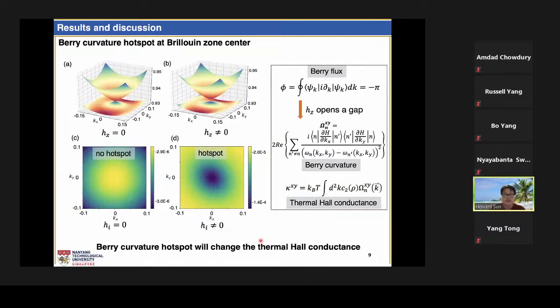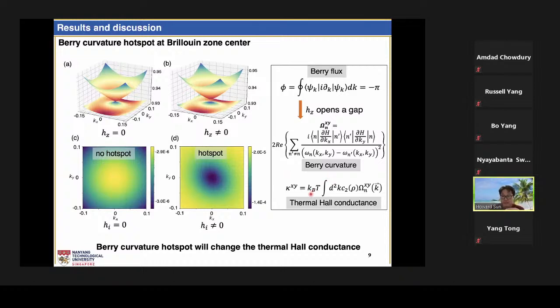As we know that novel properties can happen at the Dirac point, so we studied the properties around this Dirac point. From the Berry curvature calculation around this point, we find that the phase is about pi. With the out-of-plane magnetic field, we can create a gap here, and then we can have a non-zero Berry curvature distribution.